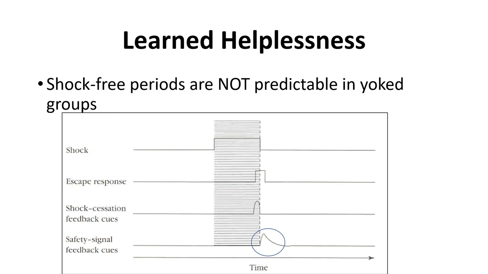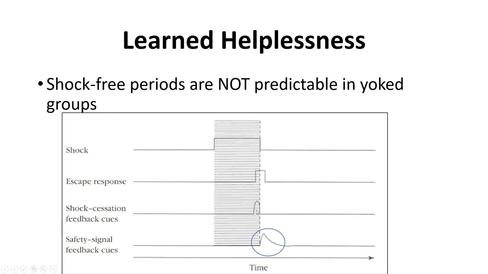So when we have an escape behavior, there are certain responses that you can make, certain skeletal responses, actions that you can do, and those actions provide sensory feedback cues. So when there is a shock present, and an animal can make that escape response, they can do that action that will cause the end of the shock and the start of the period after the shock.